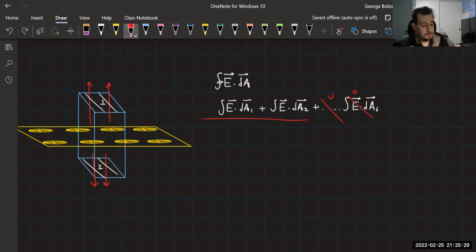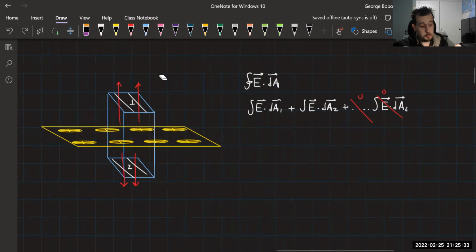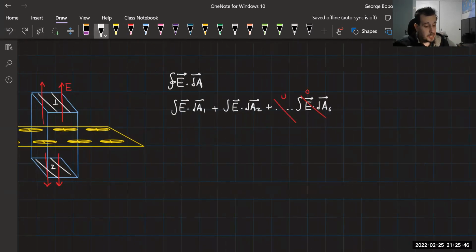And we're claiming that they're going to get a uniform electric field through them. The strength is going to be uniform. When you're investigating these surfaces, any point on them is going to get the same strength. So they satisfy the simplifications so that I can pull the electric field outside the integral like that.